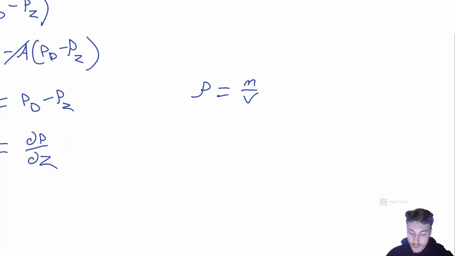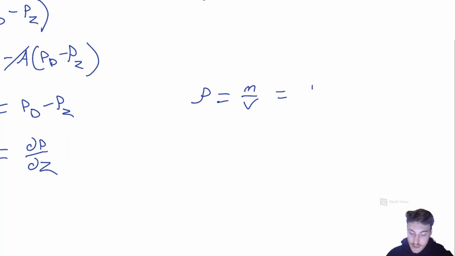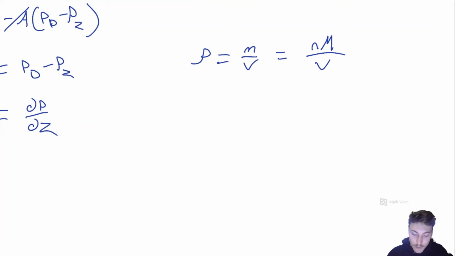So we can rewrite that as the number of moles times the molecular weight, a big M, over the volume. If we recall the ideal gas law, PV is equal to nRT, we can substitute that in for the number of moles over the volume.